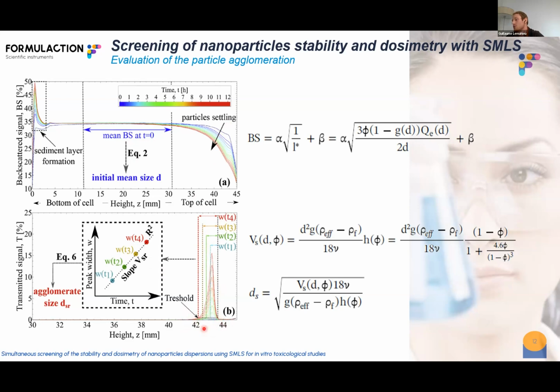If you are closer to the bottom, you will be more focused on bigger particles; on the top, more focused on lower particle size. In function of the threshold you put here, you will be able to register the increase of the peak window in function of time, and the slope gives you the settling velocity of your particles. And if you know some parameters such as densities and viscosities of the solvents and the difference of density between particle and solvent, you are able to determine a mean diameter, which is more related to agglomerations.